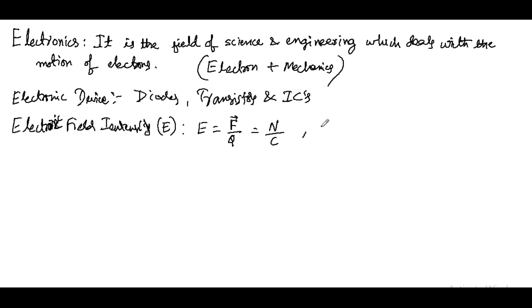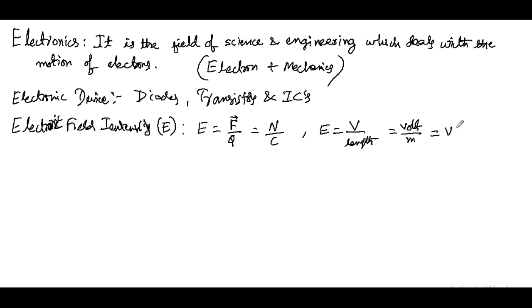One more definition we can write: it is the ratio of voltage to length. The length is that of the particular conductor or material, and the voltage is applied to that material. So the field intensity of the material depends on the voltage applied to it. It is the ratio of voltage to length, and another unit we can write is volt per meter.